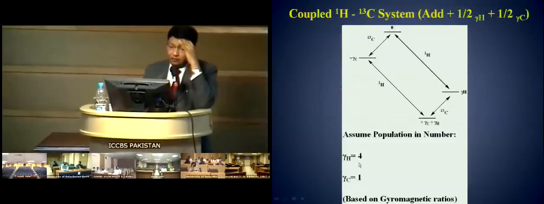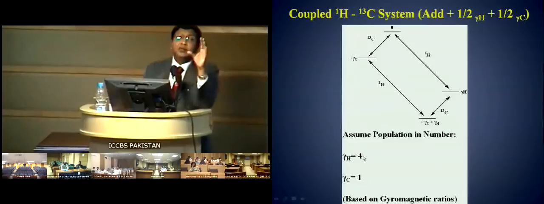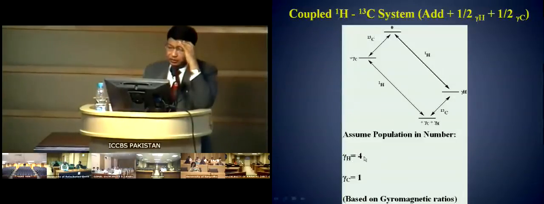Now if I tell you that the population difference, forgetting the natural abundance, between proton and carbon is 4:1 based on the gyromagnetic ratio, so gamma H is 4 and gamma C is 1, and this becomes 4, and this becomes 1.